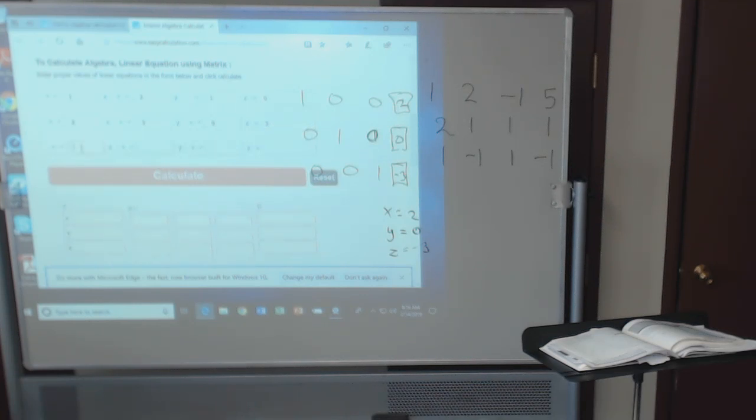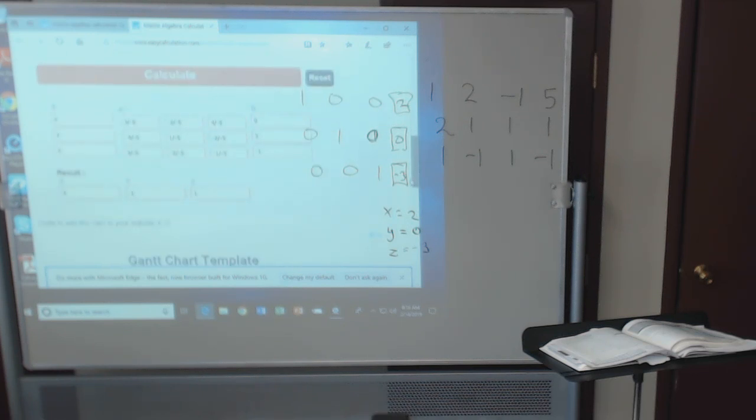What goes here? There's another blank space. So, what do you put? 0. What goes here? 2. What goes here? 1. And what goes over here? Negative 1. And hit, looks like it already did it.